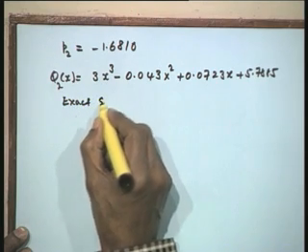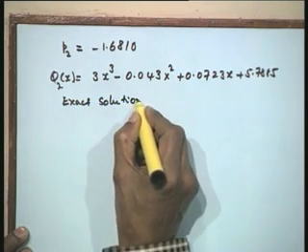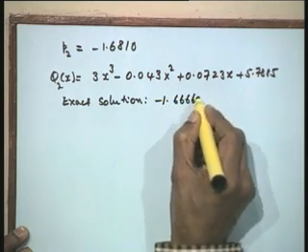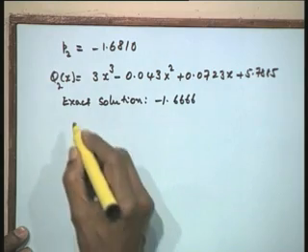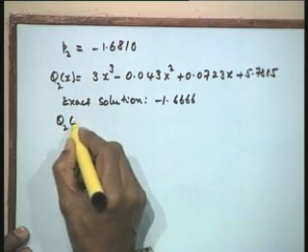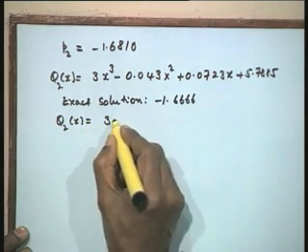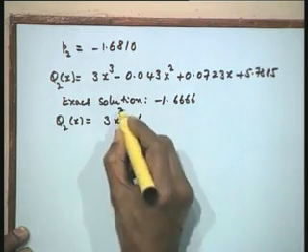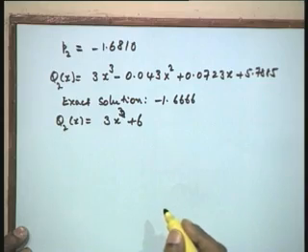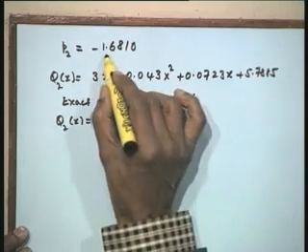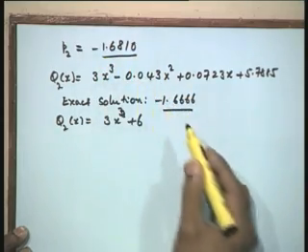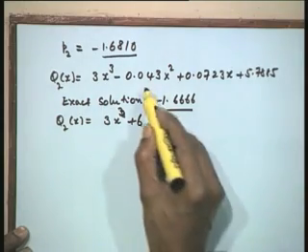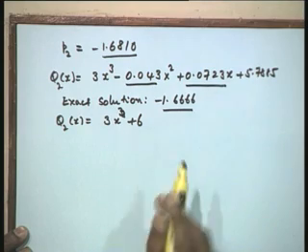We have performed only 2 iterations, therefore we have not yet reached the required accuracy. The exact value is minus 1.666, and the deflated polynomial q2, the exact value is 3x cubed plus 6. Therefore you can see that the root, we have got only one decimal place, we still need at least 2 more iterations to get a few more places of accuracy, and these 2 values would then go to 0.